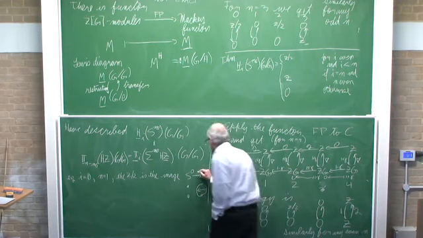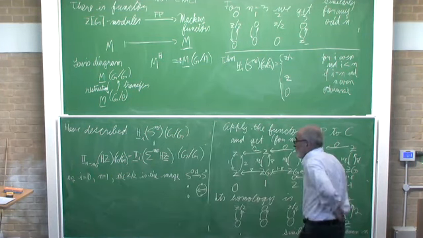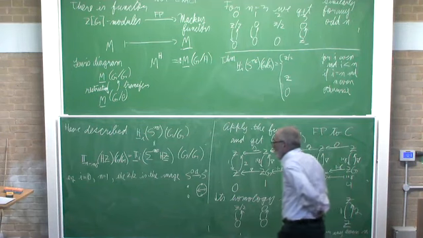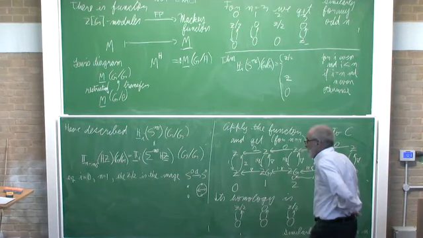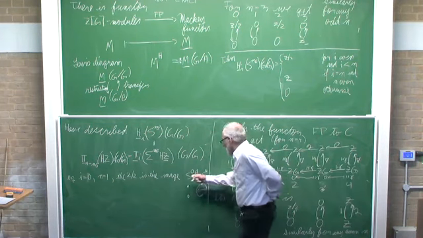And I'm going to give this map a name. I'm going to call this map A. So what is A?